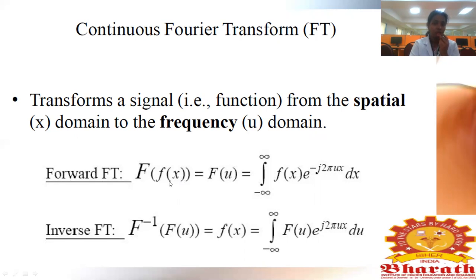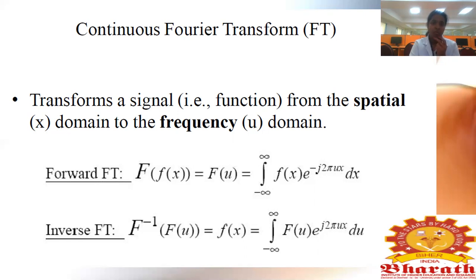After applying the forward transformation, it is represented as F(u). Why do I represent it that way? Once you apply the transformation, the function gets converted into the frequency domain. To tell that the signal is now in the frequency domain, you write it as F(u).